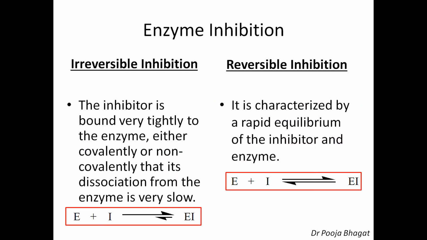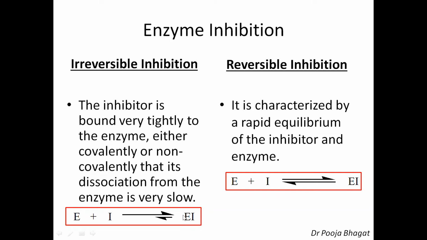Now, as the name indicates, irreversible inhibition is the inhibition in which the inhibitor is bound very tightly to the enzyme, either covalently or non-covalently, so that its dissociation from the enzyme is very low. That means the enzyme and the inhibitor form complex, and this complex dissociation is very low.